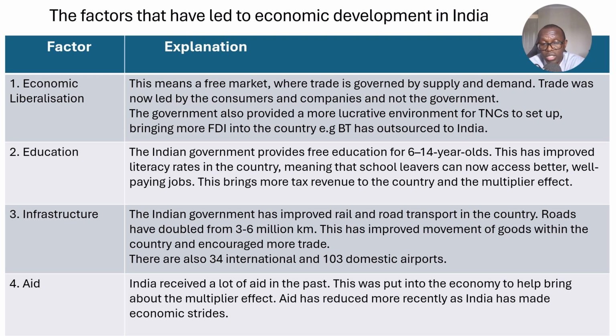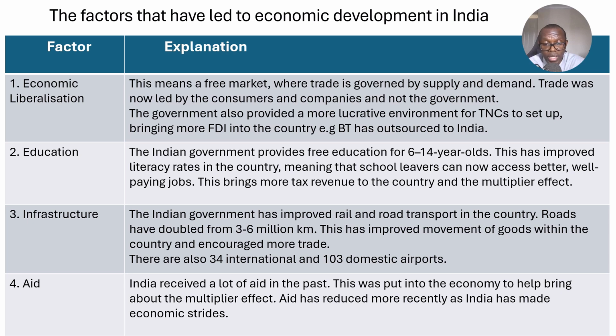And when the children have higher literacy rates, it means that when they leave school, they can have access to better, well-paying jobs, which then brings more money to the country through taxation. And that money that comes through taxation can then be used for investment into infrastructure, which then leads to the multiplier effect.